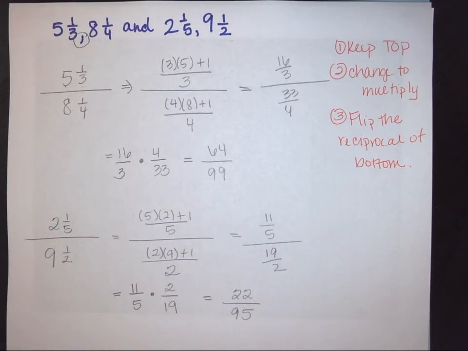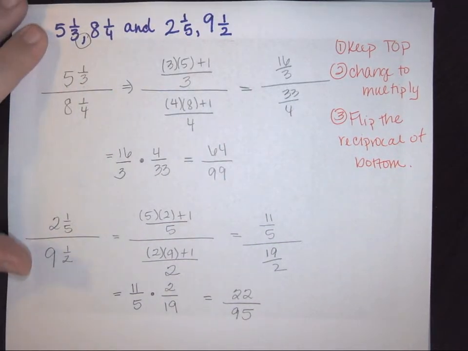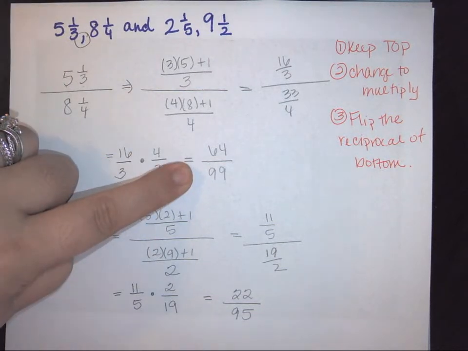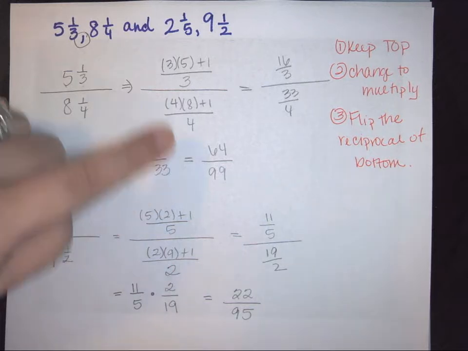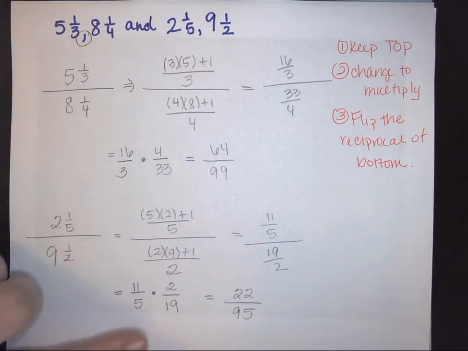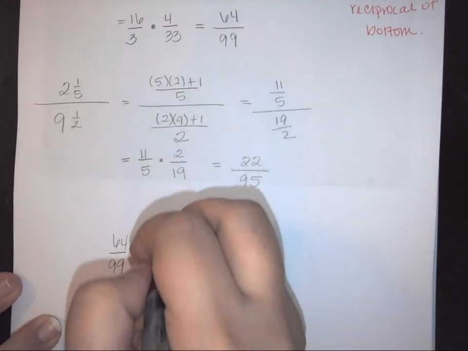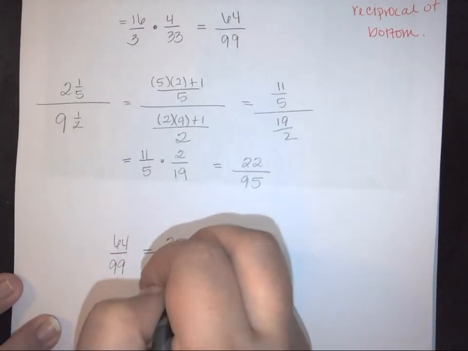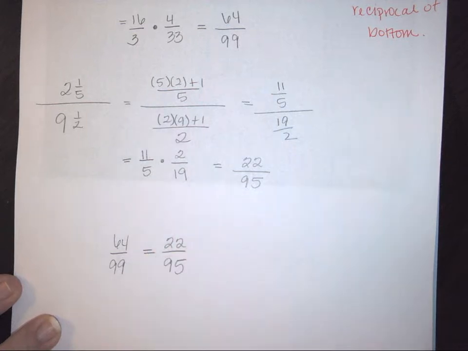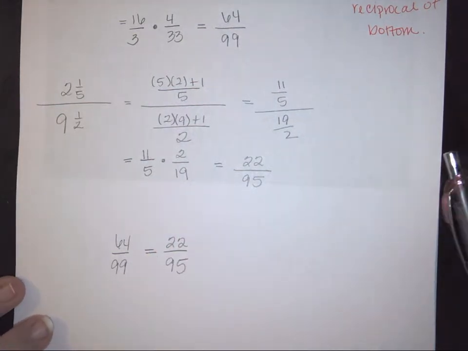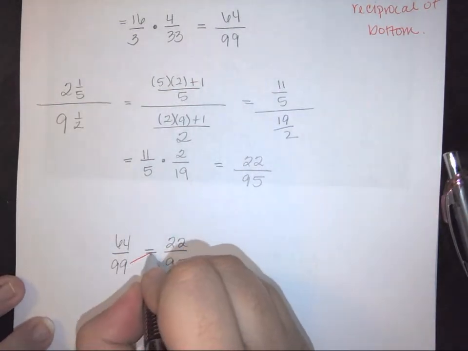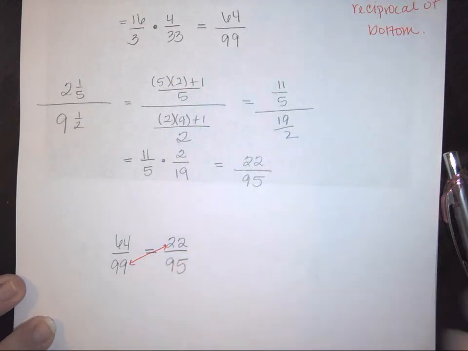So if we look, we have my 5 1/3 over 8 1/4. Well, we reduced that to 64 over 99. And then that should equal the other side, which we reduced to 22 over 95. Now we can go ahead and set up our cross multiplication.